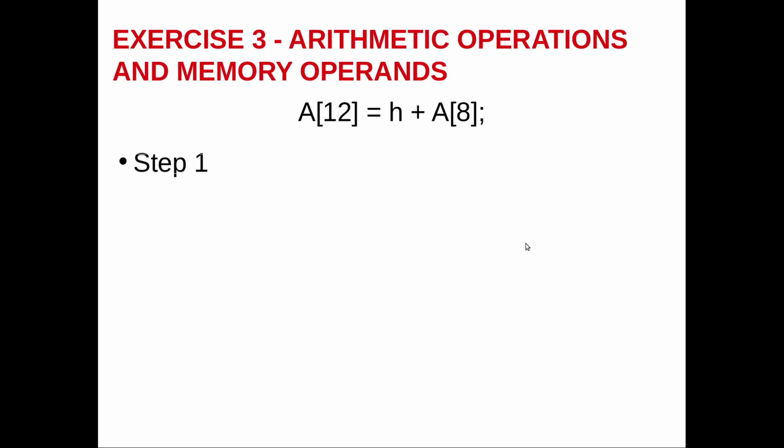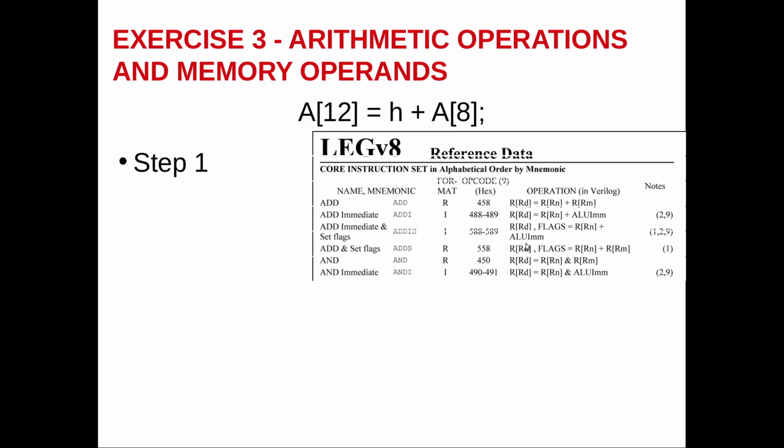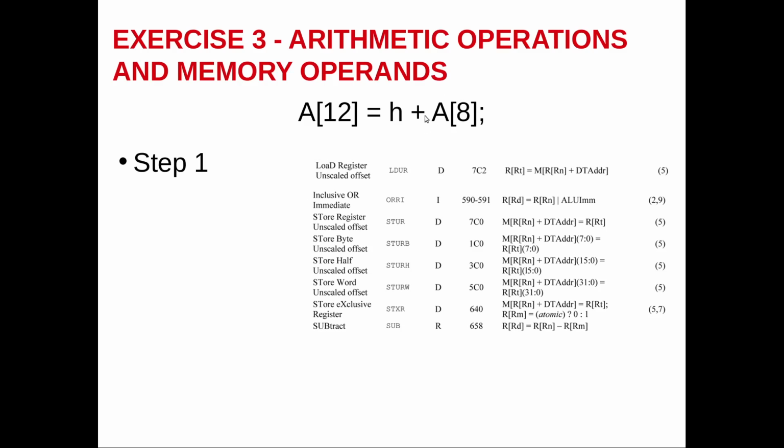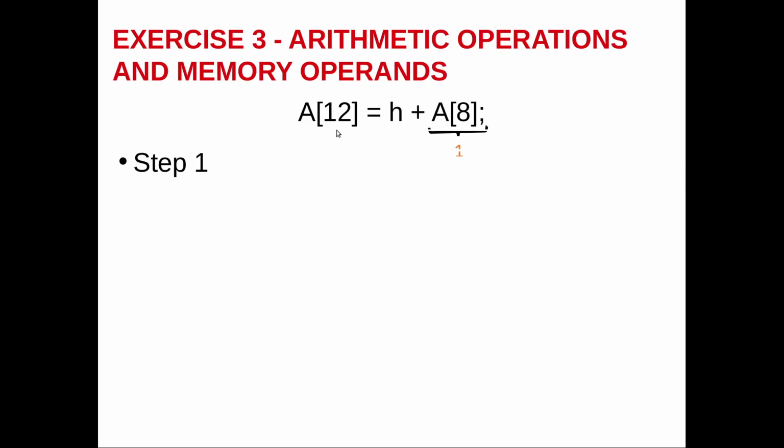So in step 1, we know that we will have the load register for loading this value into a temporary register. After adding them together, we will need to store it back to the memory. So we will have 3 operations.